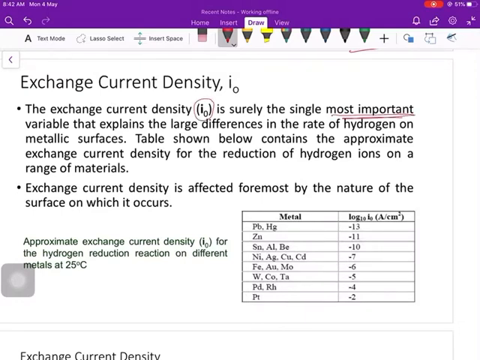So i naught is one of the most important variables which explain the large differences in the rate of, for example in this case, hydrogen evolution on metallic surfaces. In this table there are several metals, and also log 10 of i naught. You also can take the anti-log, so it becomes 10 to the negative 13, and the last one is negative 2.